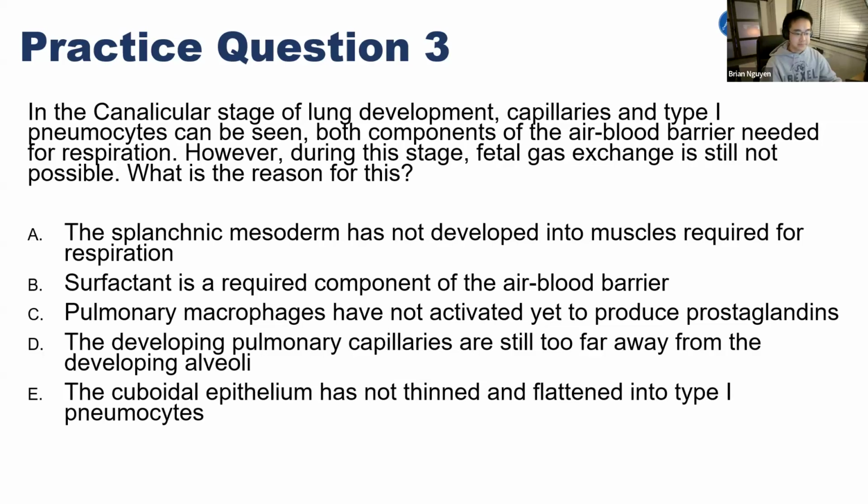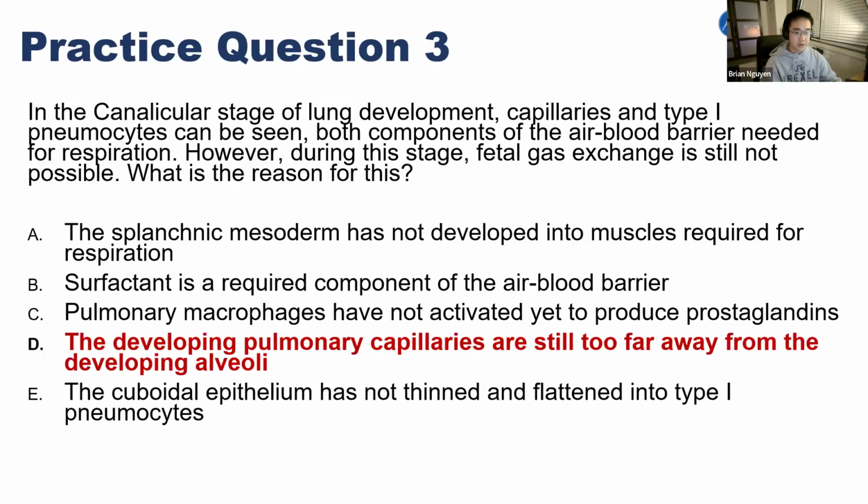All right, let's go ahead and call it. So we got some answers across the board. The right answer is actually D. The air-blood barrier and surfactants are two separate components. Surfactants help it, but are not a part of it.